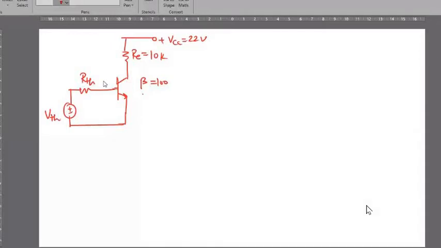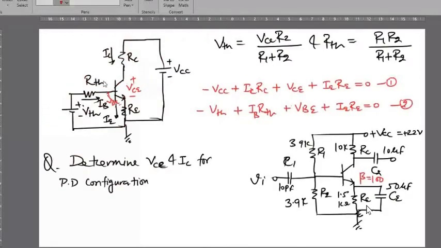You see, I have removed all the capacitances from this network. Do you know the function of these capacitances?